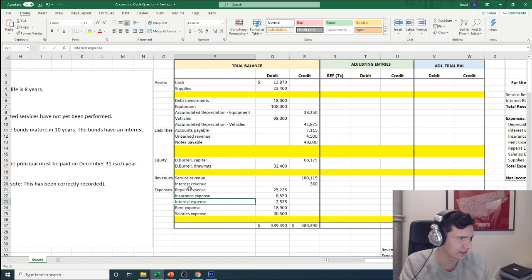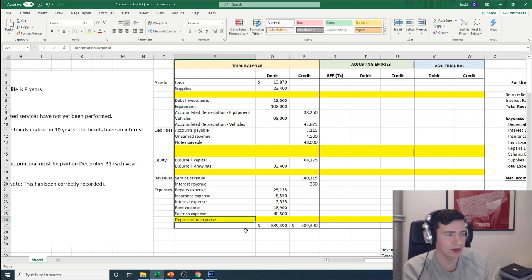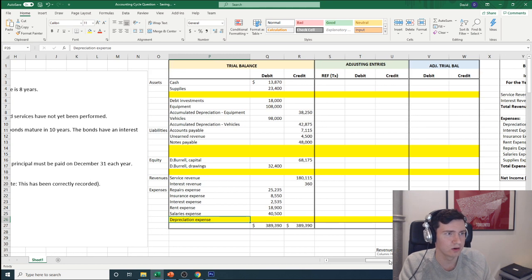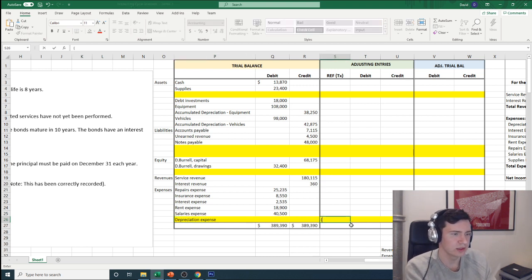At least I can't see it. Repairs expense, insurance expense, interest, rent, salary. So we don't have a depreciation expense. We can go ahead and create a depreciation expense account, because, if we don't have that account and we are depreciating the asset, we need to now report that account.